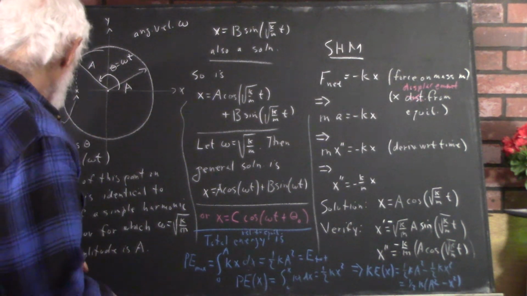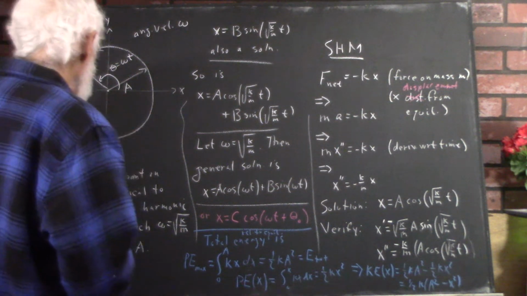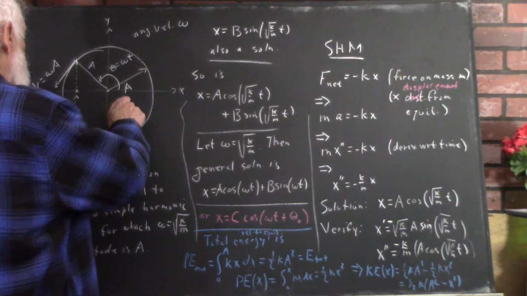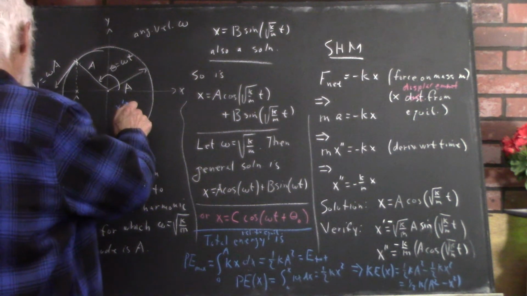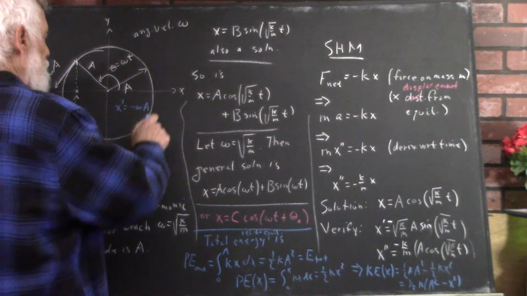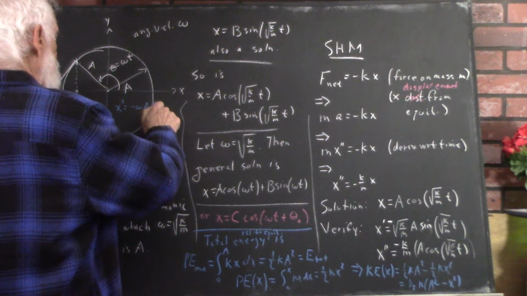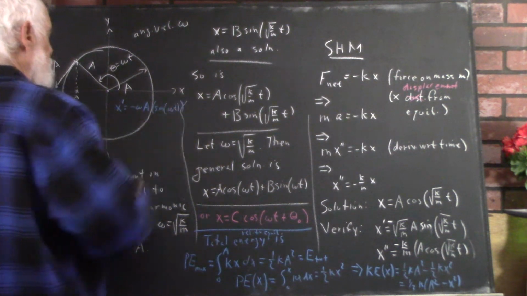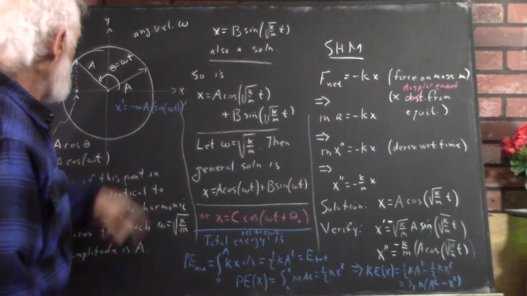So maybe I do have room to go ahead and obliterate, well, just confuse the issue a little bit. x prime equals negative omega a, unnecessary parenthesis there, but we'll live with it, times the sine of omega t.